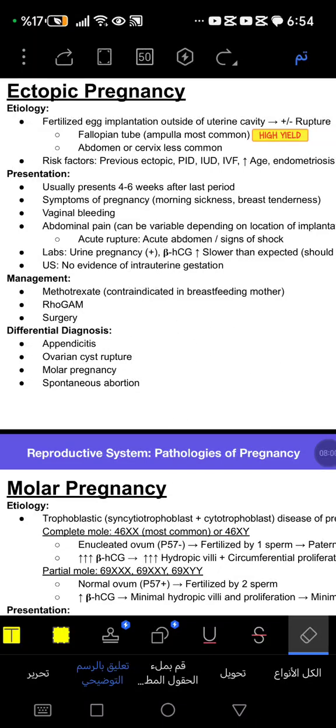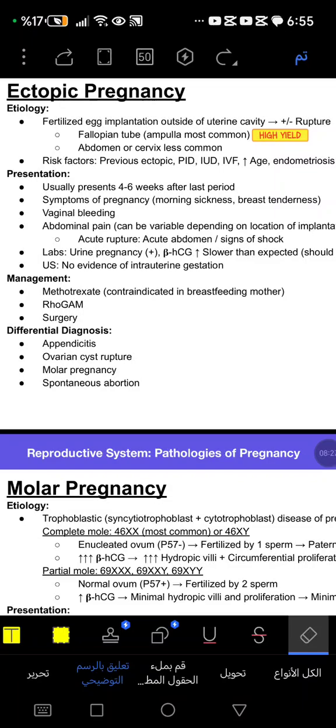After 4 days of the methotrexate injection, the single dose I mentioned, the beta HCG will be monitored. If the beta HCG dropped 15% or more, there is no need to repeat the dose. But if the beta HCG dropped less than 15%, a second dose is given, and again the beta HCG is monitored.